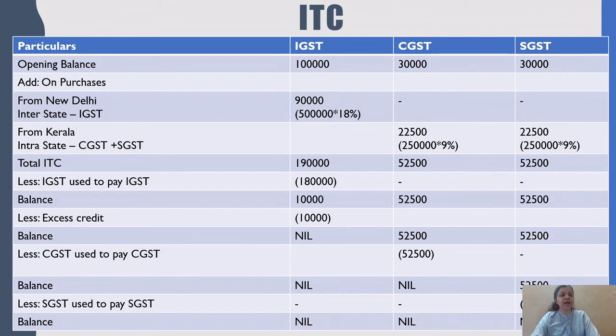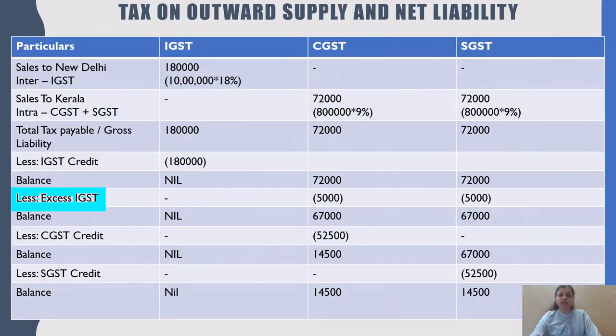SGST credit we are having 52,500. Again under SGST initially we had the liability to pay 72,000. However, from the excess credit available under IGST we have already adjusted the amount of rupees 5,000. So now the liability payable under SGST is rupees 67,000.